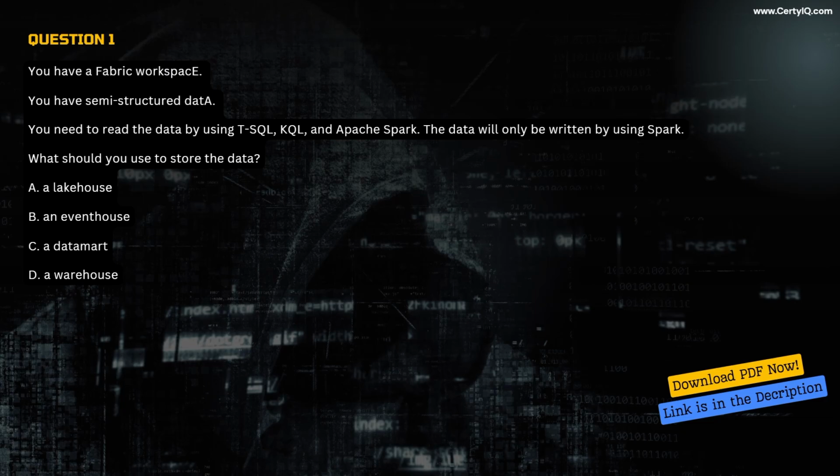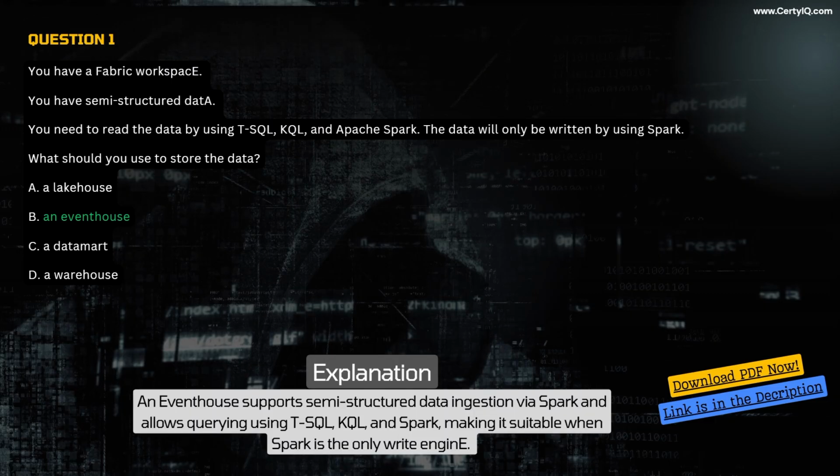C. A data mart. D. A warehouse. Correct answer B. An event house. Explanation. An event house supports semi-structured data ingestion via Spark and allows querying using T-SQL, KQL, and Spark, making it suitable when Spark is the only write engine.